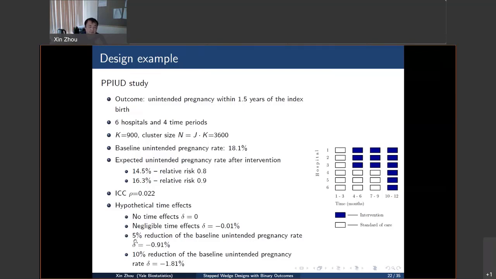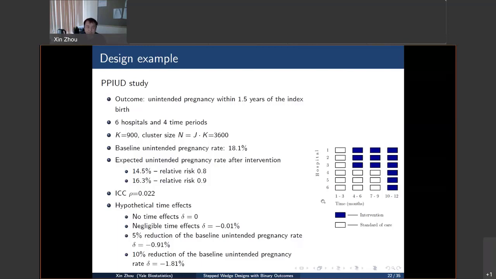And here, delta is the difference of the pregnancy rate for an individual at the last period receiving control, compared with the pregnancy rate for an individual at the first period receiving control. So delta is not related to intervention, only to the control. So we just compare the pregnancy rate at the last period and at the first period for an individual receiving control.